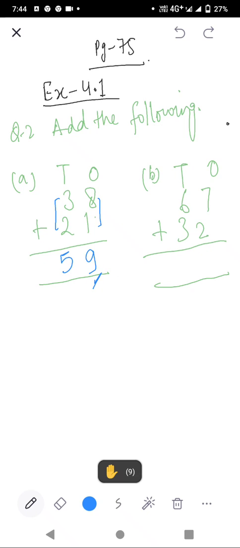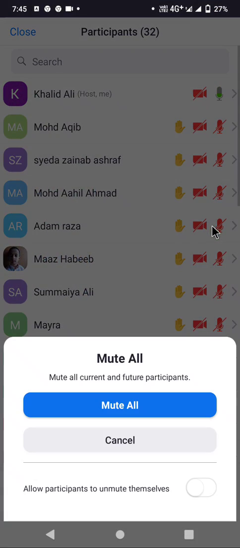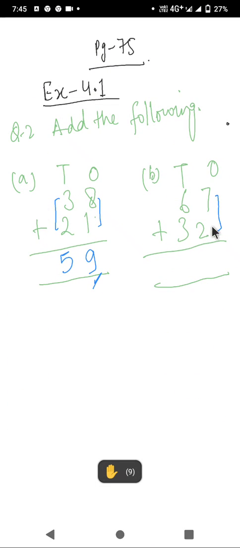Like this in part B. 7 plus 2. Tell me students, 7 plus 2 is?